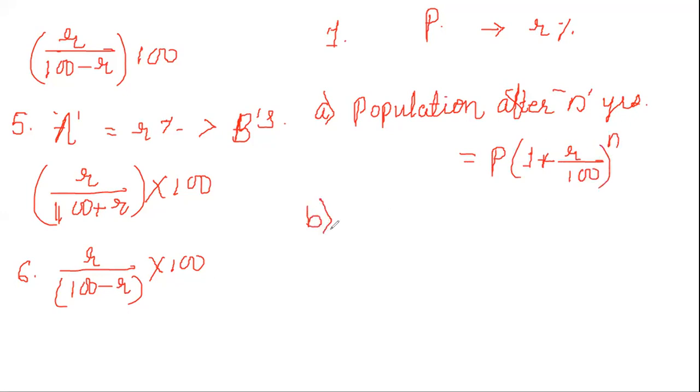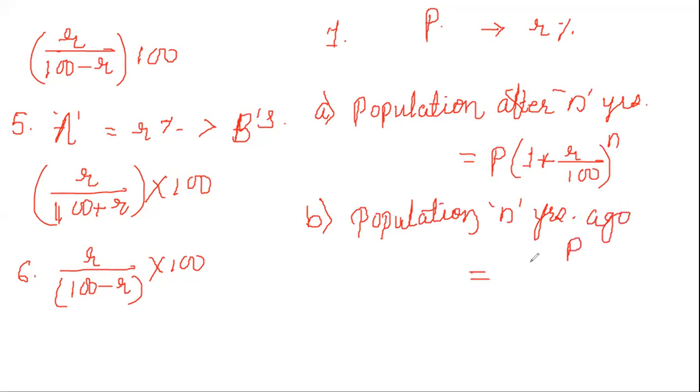And next, population n years ago is equal to P divided by 1 plus R divided by 100 bracket raised to n.